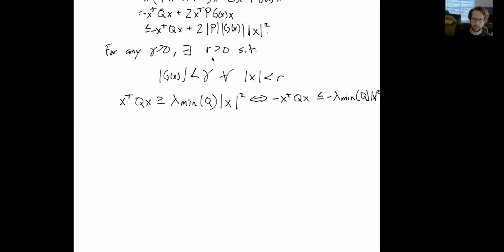So we know that x transpose Q x is greater than the minimum eigenvalue of Q times the norm of x squared, right? All right, so then this implies that negative x transpose Q x is less than negative the minimum eigenvalue of Q times the norm of x squared.